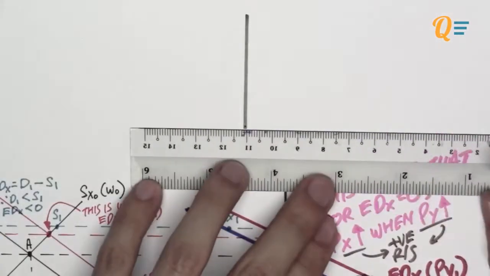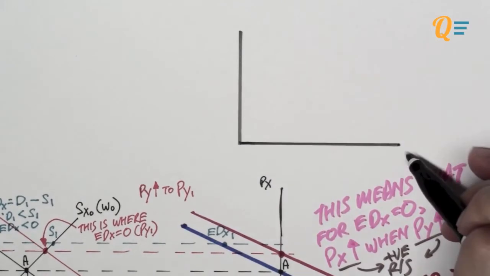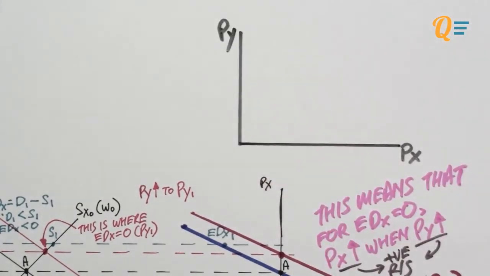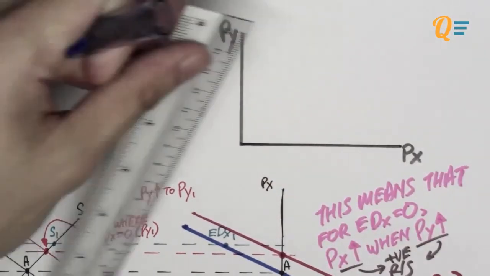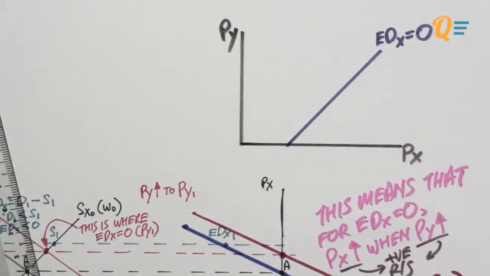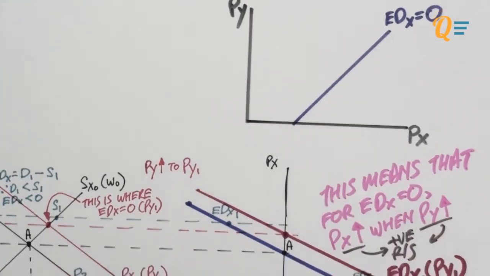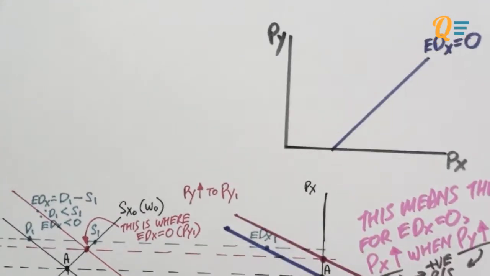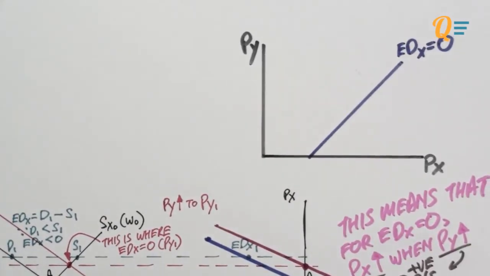So I'm going to draw a graph to show you this positive relationship between the price of X and the price of Y. If it's a positive relationship, what you should see is an upward sloping curve called the excess demand for X equals 0 curve. This EDX = 0 curve shows you the relationship between the price of X and the price of Y. Take note that the EDX = 0 curve is different from the EDX curve. The difference here is the equals to 0. That is the key thing.